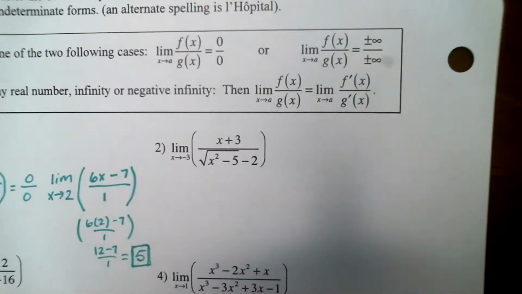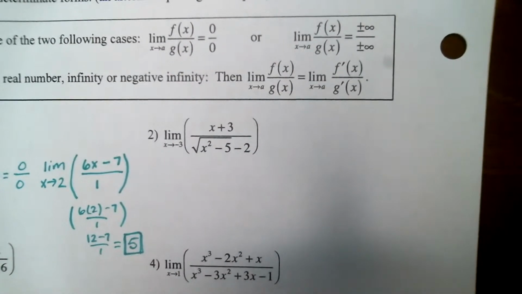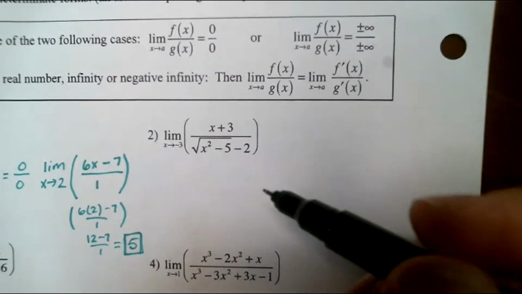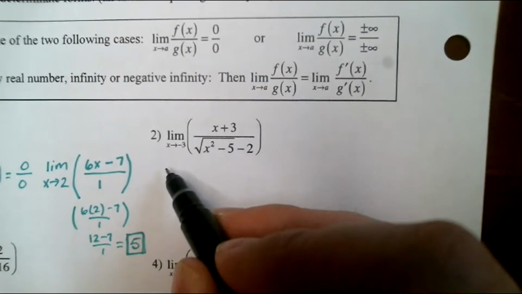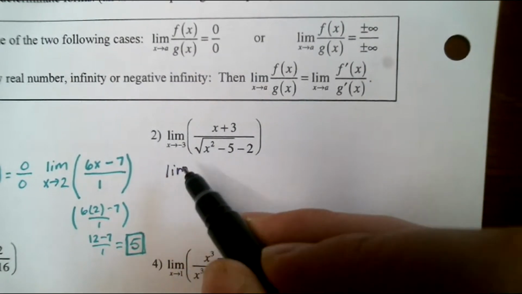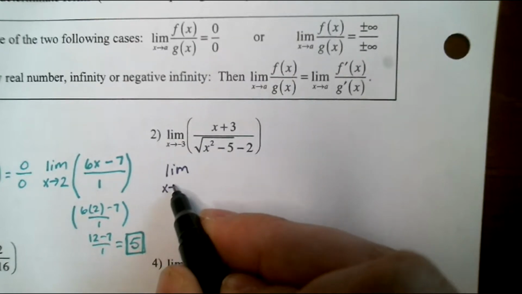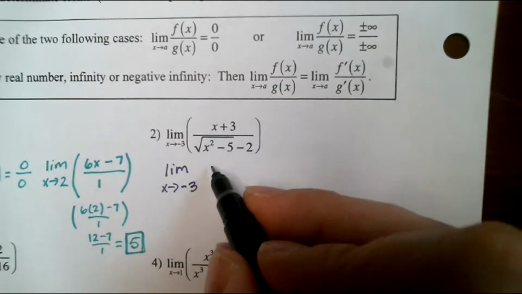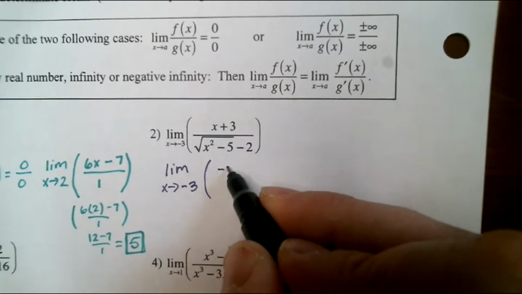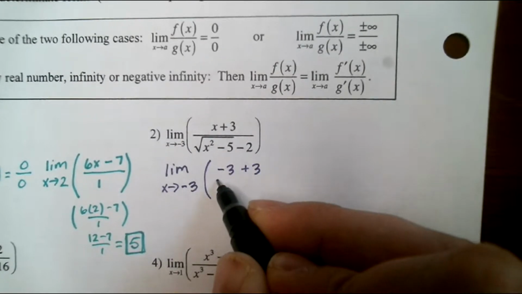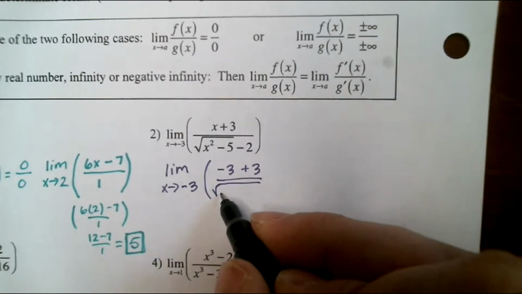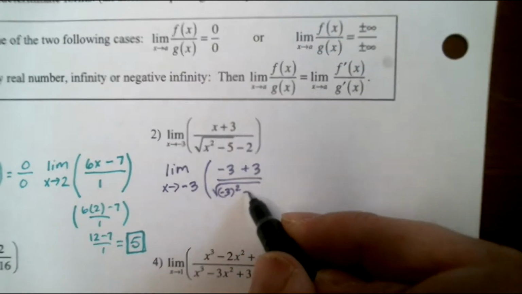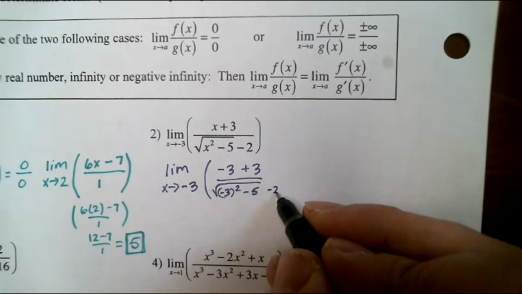Let's jump over to number 2. So number 2, plug it in. The limit as x approaches negative 3 looks like this: negative 3 plus 3 over the square root of negative 3 squared minus 5, minus 2.